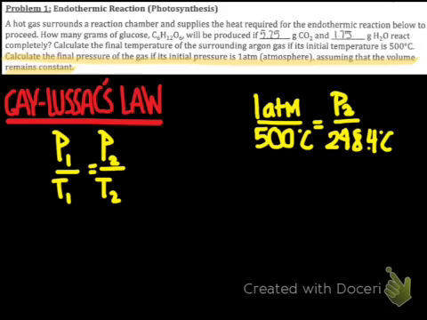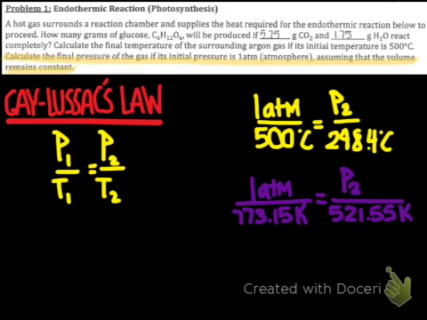248.4 degrees Celsius. Now, before cross-multiplying, before solving this, we have to convert Celsius into Kelvin. And we are doing that because we are trying to avoid having any negatives in our denominators. And Kelvin is the only temperature scale that does not use negatives. So here is our converted equation.